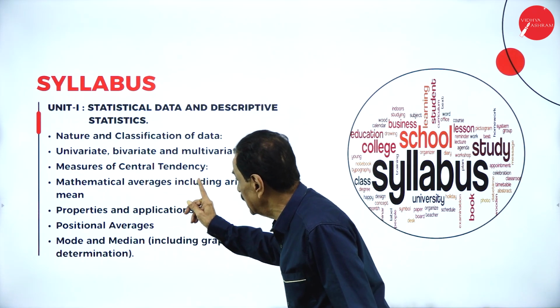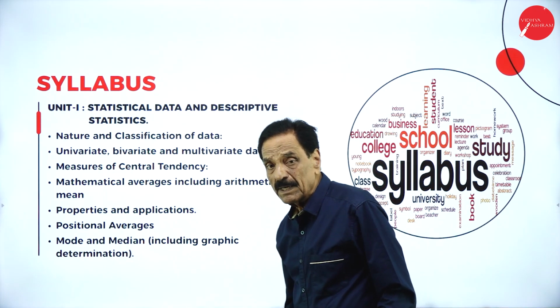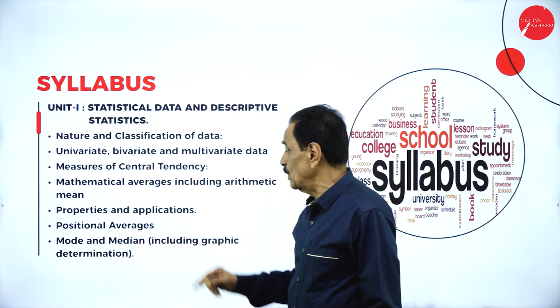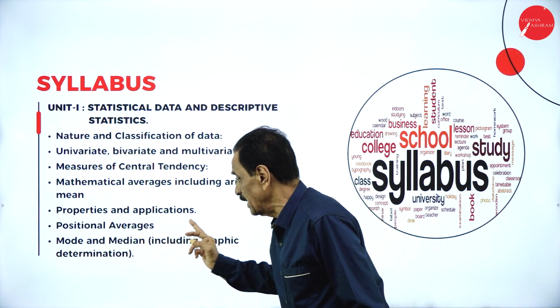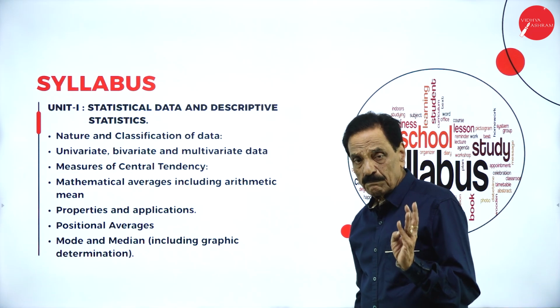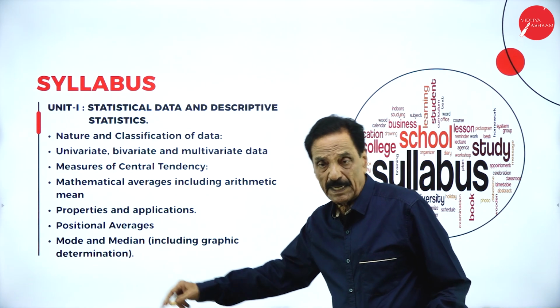Measure of central tendency, mathematical average including the arithmetic mean we are going to calculate, then property and application, positional averages, mode and median. Here we are going to calculate mean, median and mode including graphical determination.